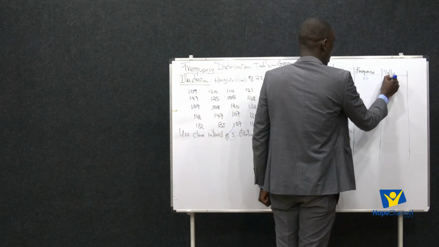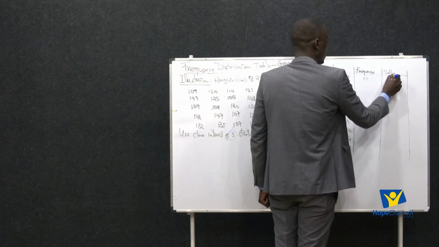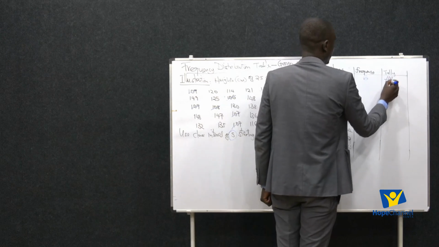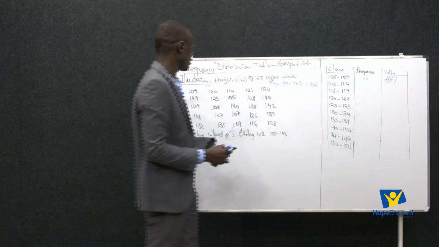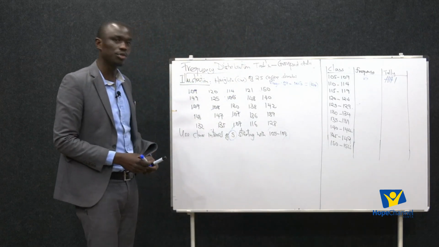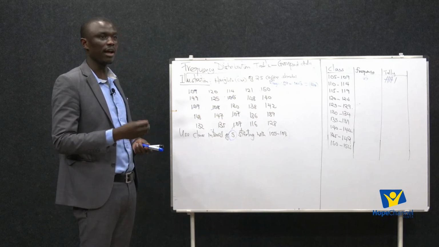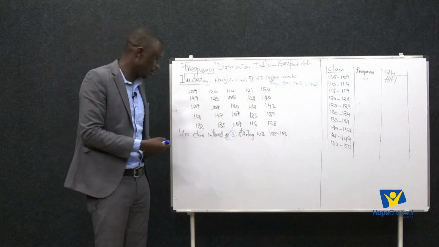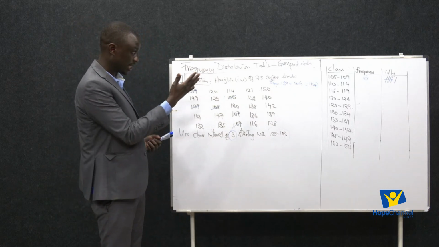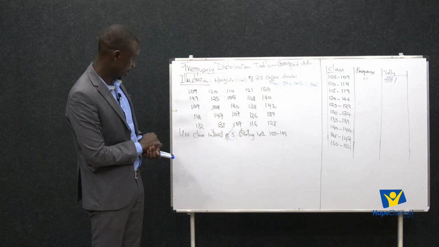So how do we tally this? We say 1, 2, 3, 4, 5, then 6. Good. It is always good to counter check because you can have an oversight. There may be a data that is falling between 105 and 109 that has never been included here.